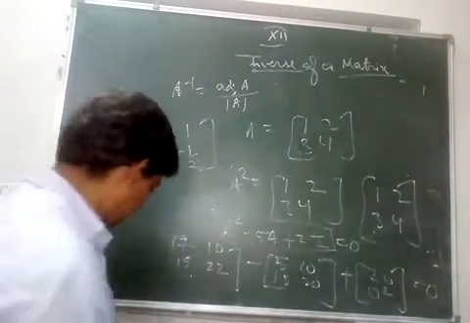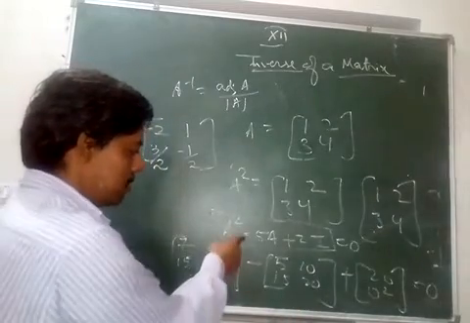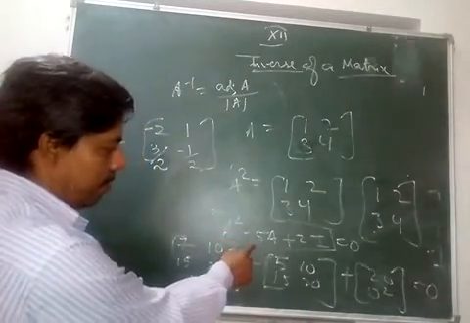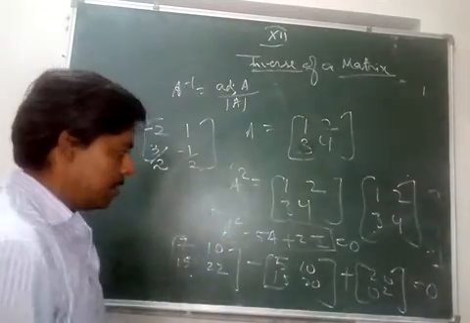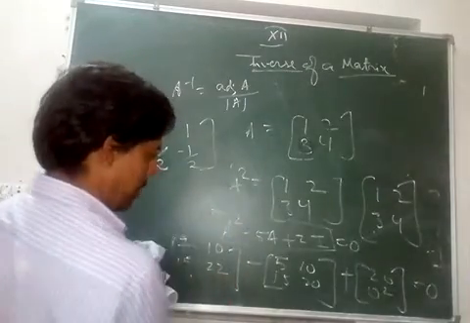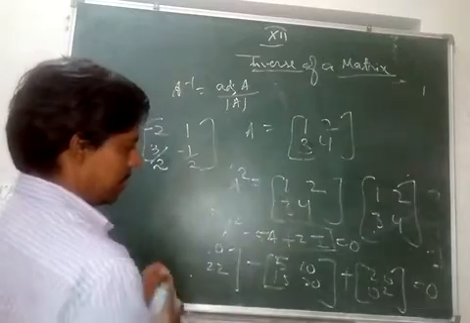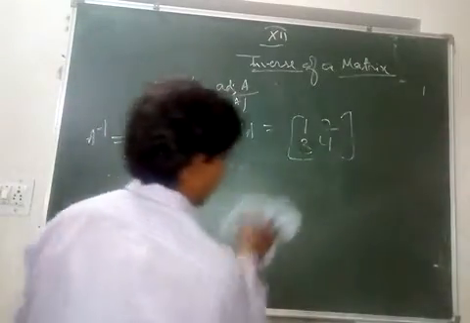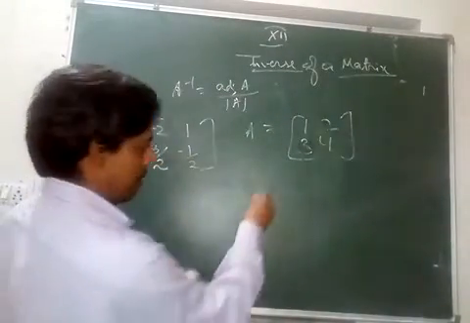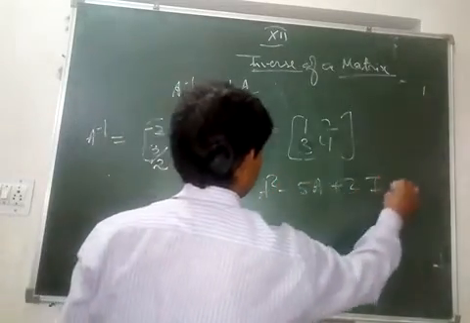So now we will calculate this A inverse another way, by using this quadratic equation in A that we have got here: A square minus 5A plus 2I is equal to 0.